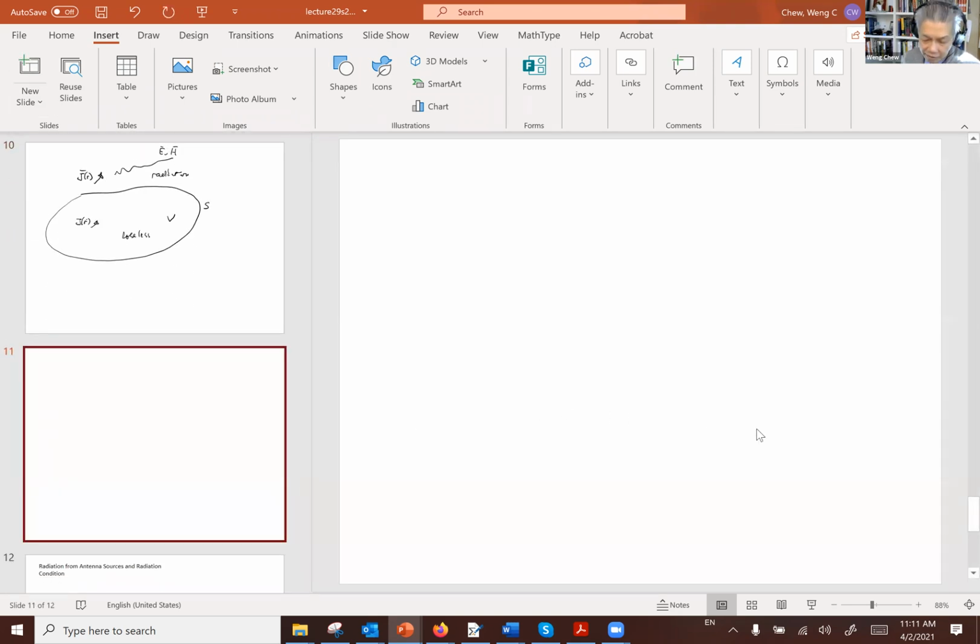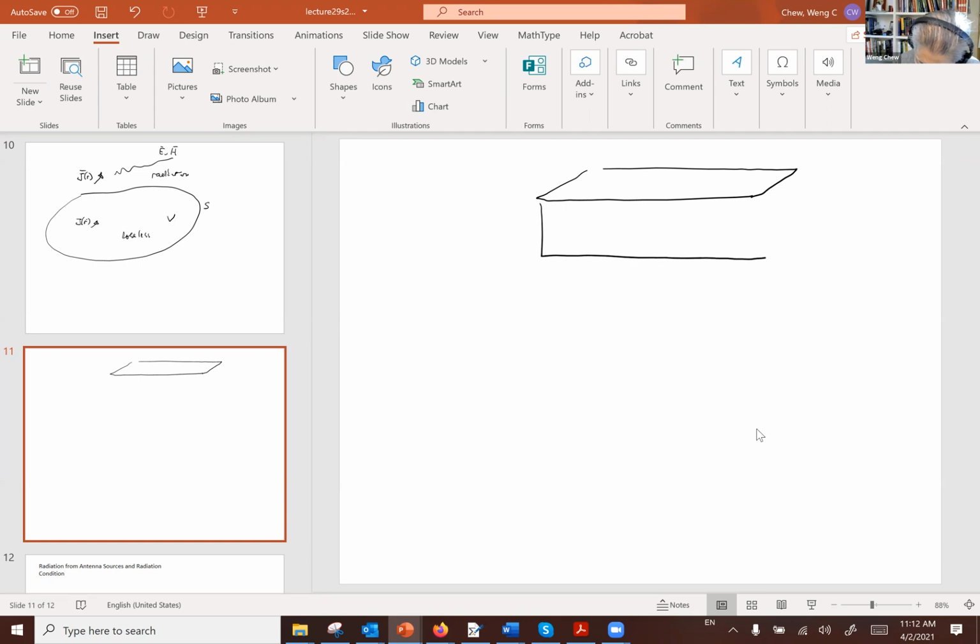Okay, how can we see this in a different light? Say if you have a rectangular cavity, and this problem you have studied before. Okay, if you put a source in there, when is a solution unique and when is it not unique?